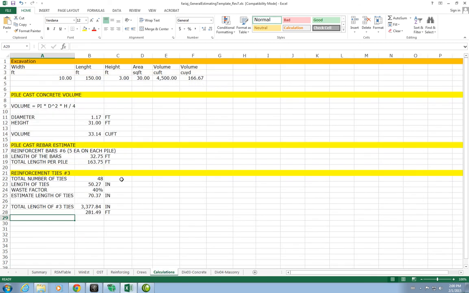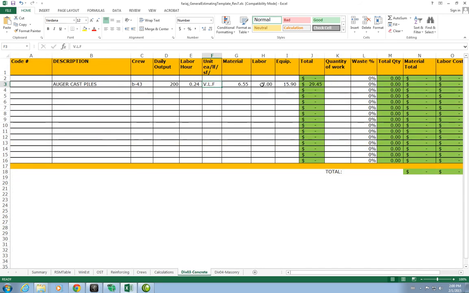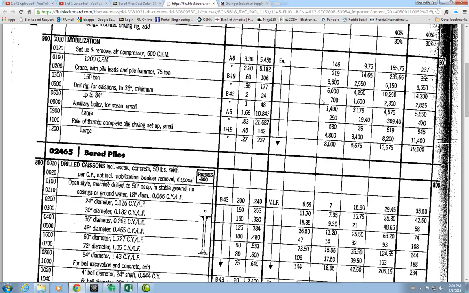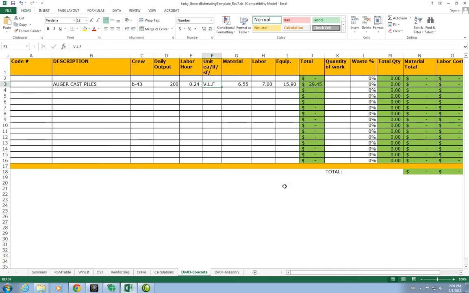If we go back to our calculations, we see that we have estimated the rebar, we have estimated the reinforcement, we have estimated the volume of concrete, but the unit of measure that we have as per the table is vertical linear feet, right?